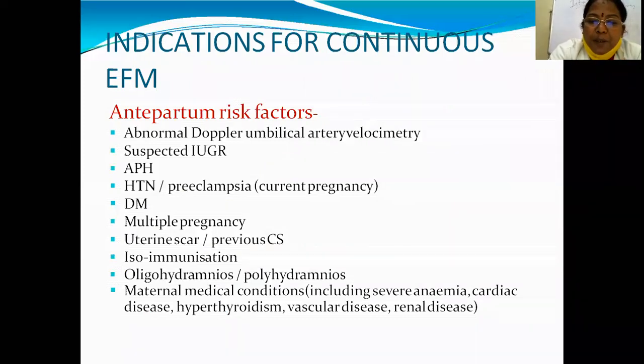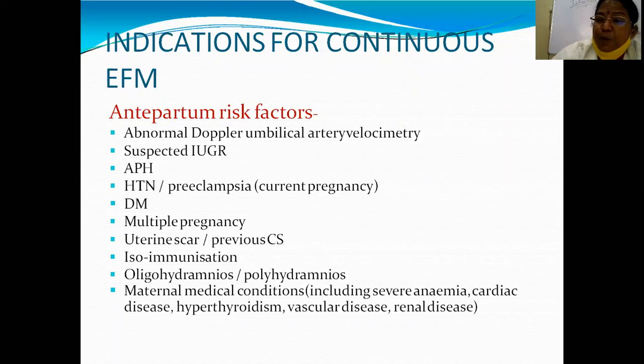Antepartum risk factors, I already told you: any changes in Doppler velocimetry, suspected IUGR, antepartum hemorrhage, very commonly preeclampsia, hypertension of pregnancy, diabetes, any medical disorders of pregnancy. Then multiple pregnancy, oligohydramnios, polyhydramnios, previous cesarean section, when we allow the patient to go for VBAC, vaginal delivery after cesarean section.